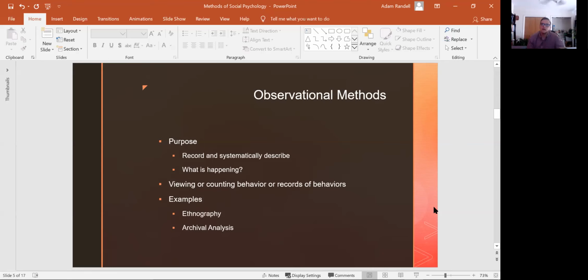They view or count those behaviors, and so we can get percentages and frequencies and things like that. Sometimes we might be interested in unique or unusual behaviors. I have a lot of students, I have had friends in the past, including myself a little bit, that are interested in cults and extreme beliefs and serial killers.